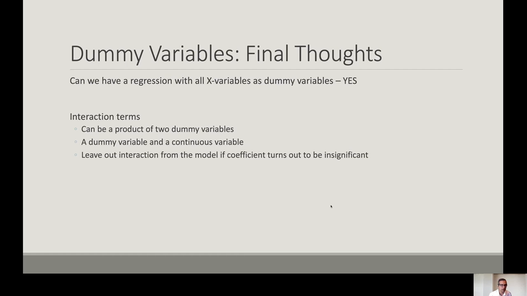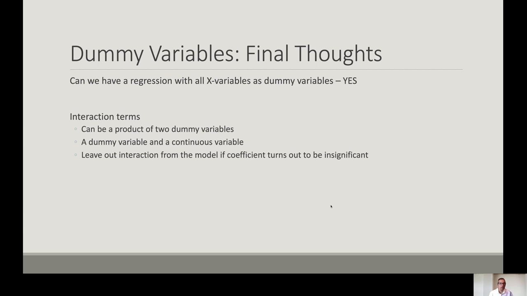If the question comes whether we can create an interaction by multiplying two dummy variables, the answer is yes. It is perfectly legitimate to create an interaction variable by multiplying two dummy variables. Okay. And of course, you can create an interaction variable by multiplying a dummy and a continuous variable too.